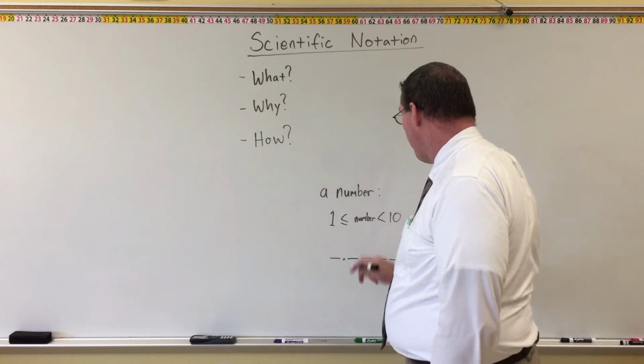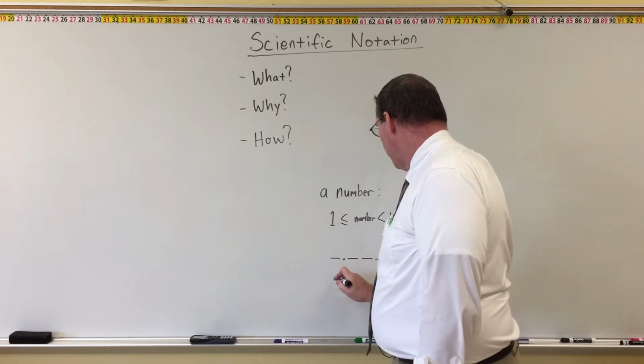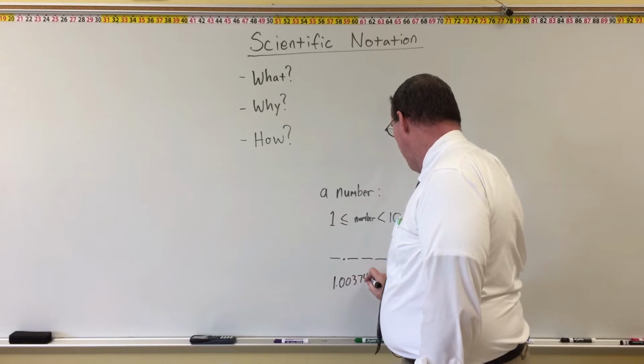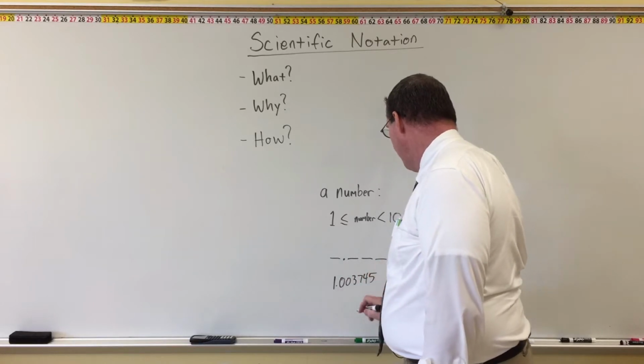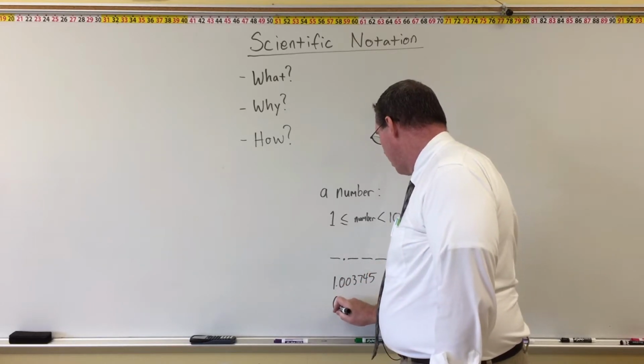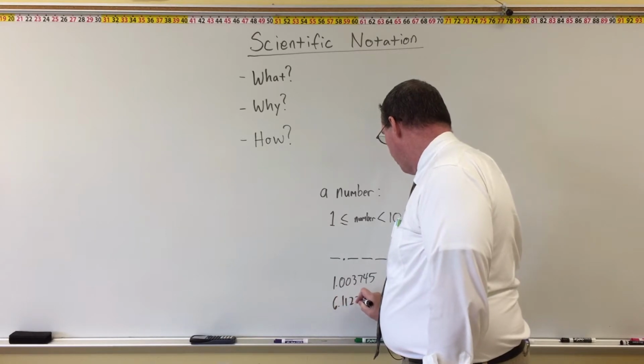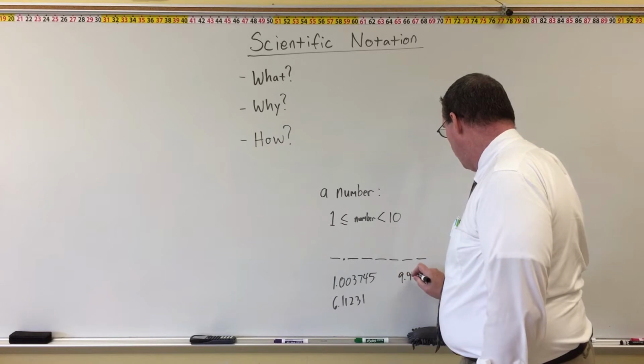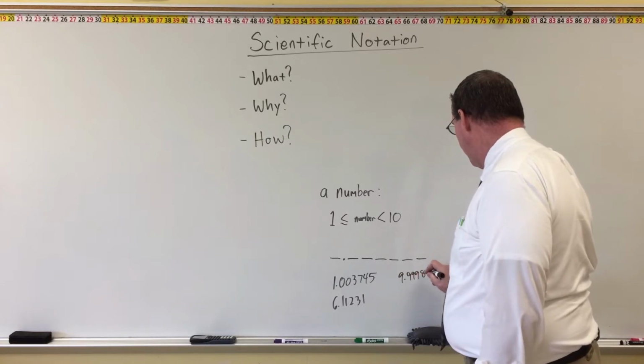So for example, this first number could be 1.00375 or 45, okay? It can be 6.11231, okay? It can be 9.99987, okay?